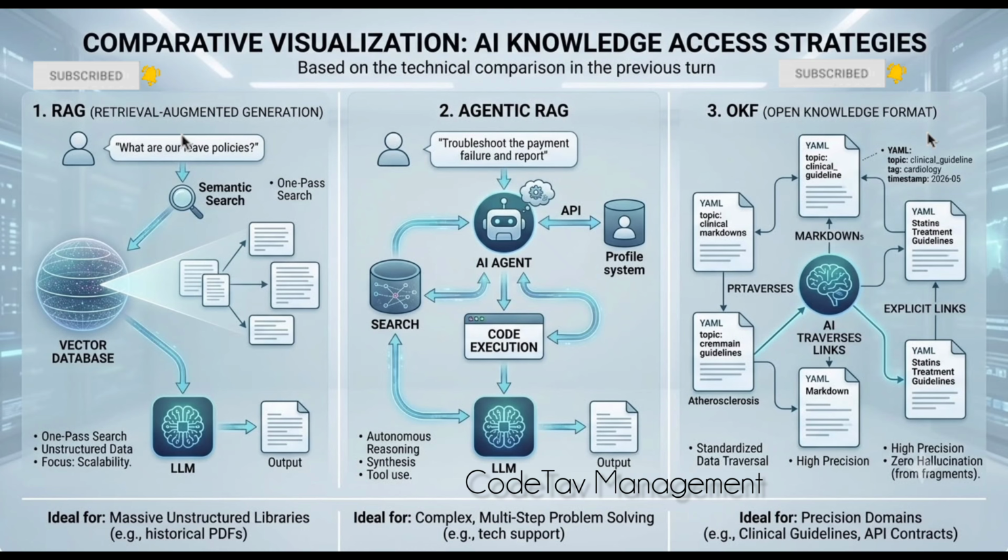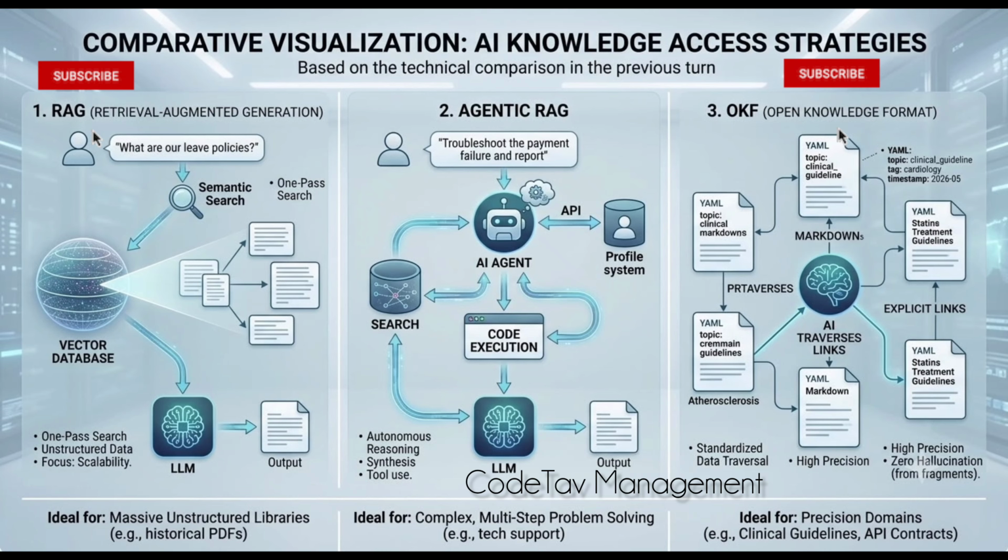Now if we compare these three concepts, RAG, Agentic RAG, and Open Knowledge Format: considering the retrieval method, for RAG it is a single pass semantic search. For Agentic RAG, the retrieval method is a multi-step reasoning driven search, and for OKF it is direct traversal of explicit links. Considering the data structure, for RAG it is unstructured text chunked into vector embeddings.